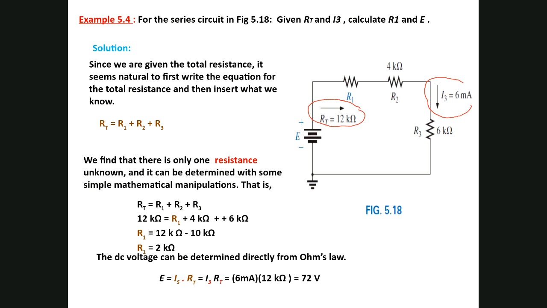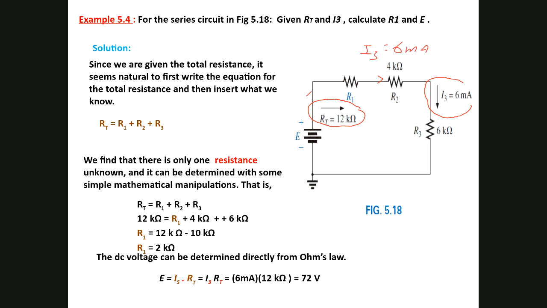For this question, you have to be careful because some unknowns you can already find within the properties of the circuit. For example, if I want the current passing through R2, actually it's the same as I3, which is 6 milliamp. This is a series circuit.